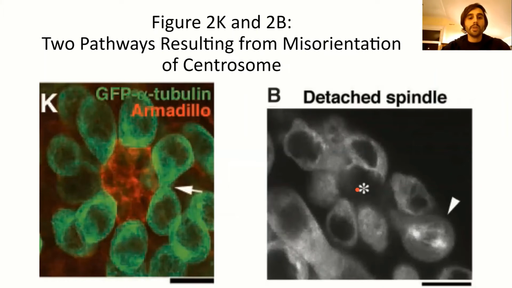Figure 2K and 2B illustrate two essential failures of the asymmetric division. K shows the parallel division, and B shows a detachment of the germ stem cell from the hub.